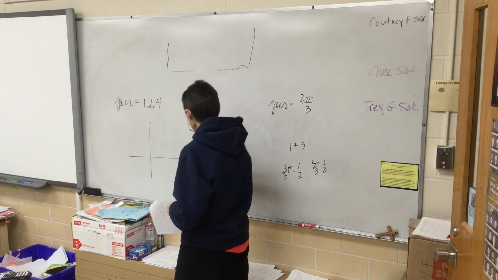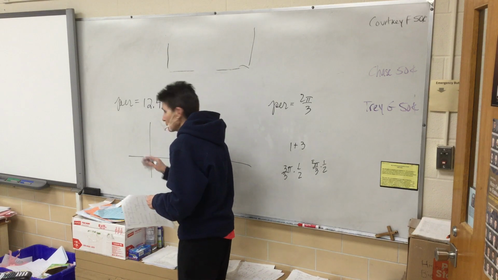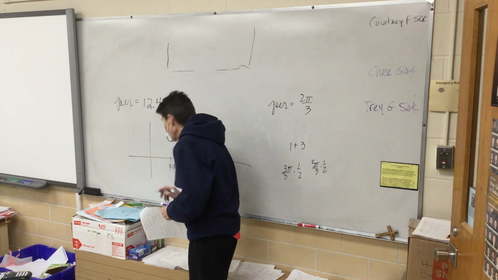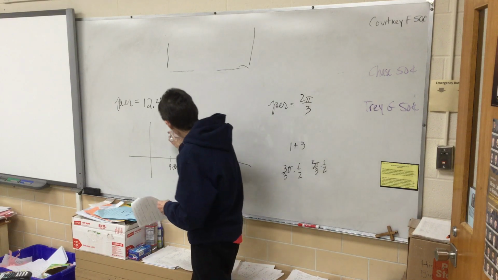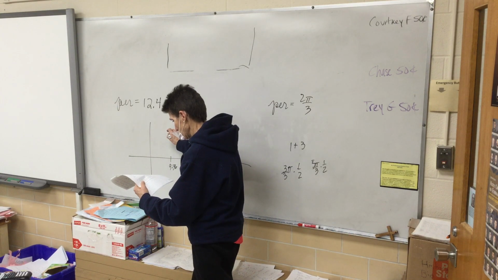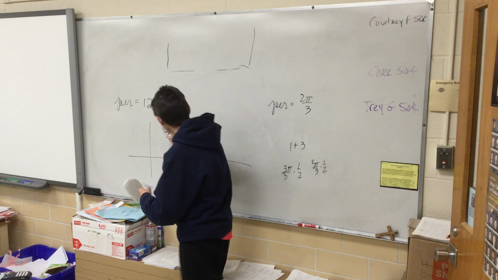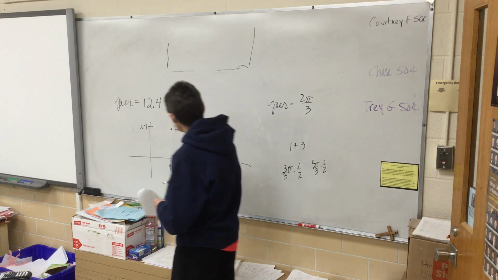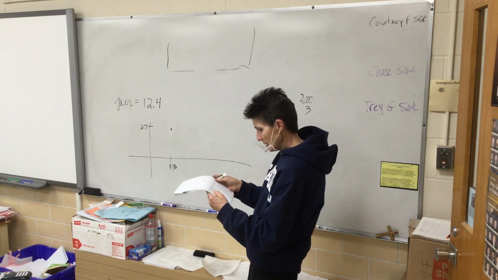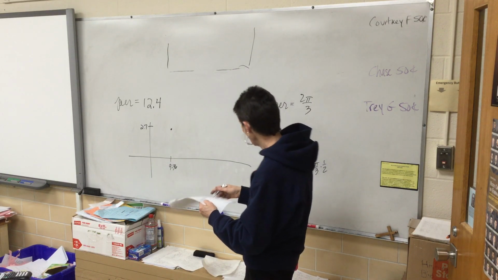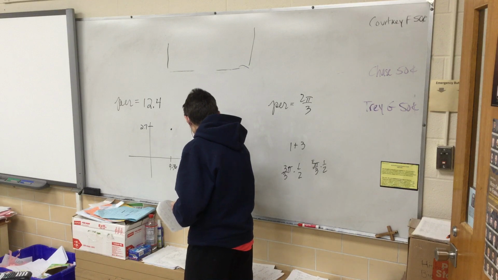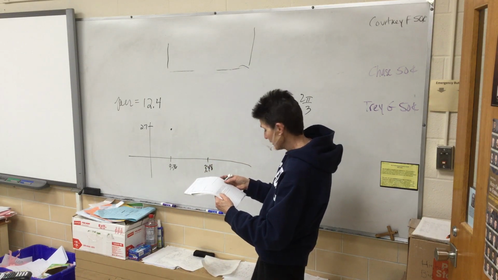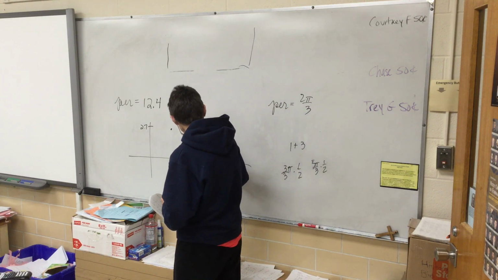Forget labels for a minute, or just randomly I'll say this is 9:36 a.m. and the water is 2.7 deep. And then at 3:48, and again, these are just times I'm randomly putting on there, the depth is 2.1.